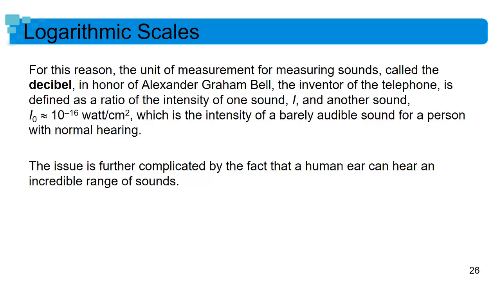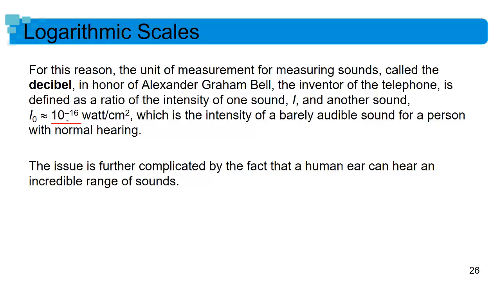So you'll have the sound that you measure, and then you'll have this base sound, this I sub 0 sound. It's the intensity of something that's barely audible to a human being with normal hearing. So this is supposed to be the smallest, softest sound that a human with a healthy ear can hear.